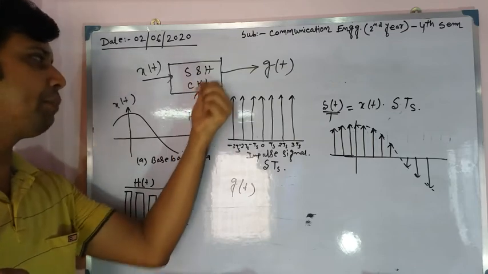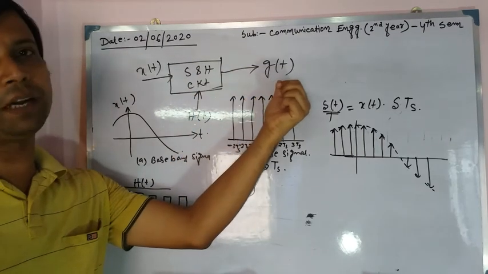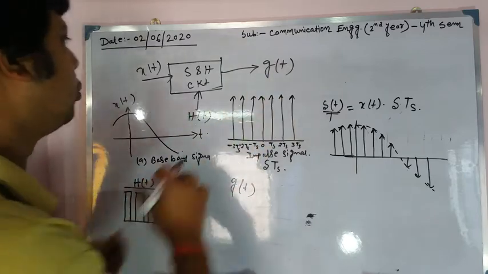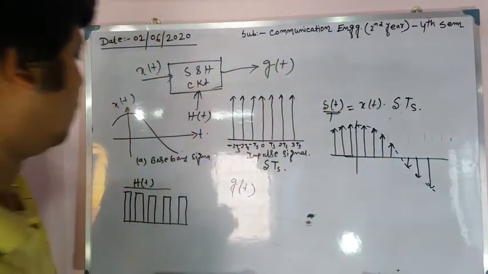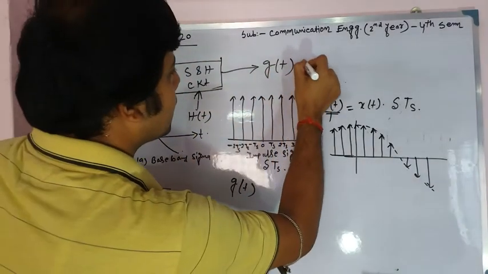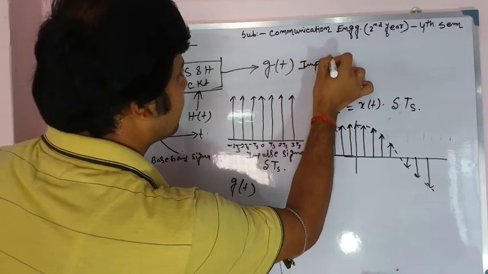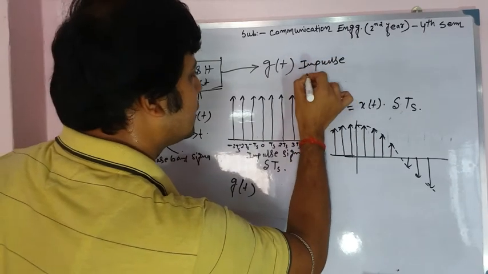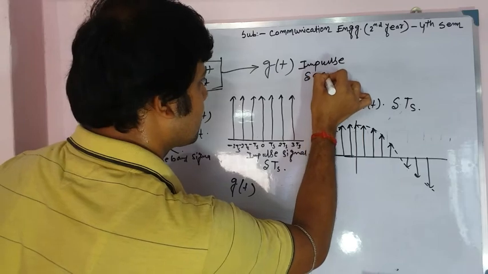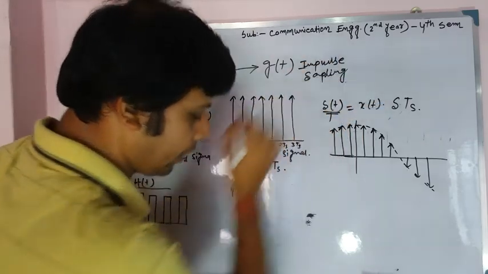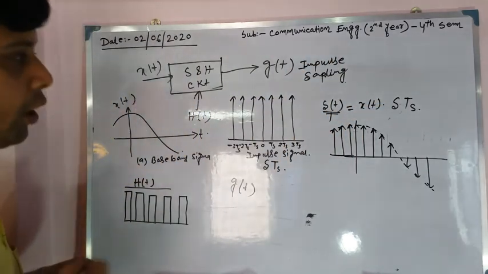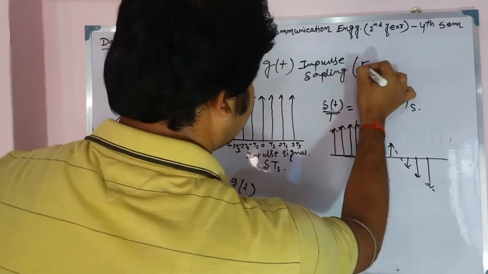They are applied to the sample and hold circuit, and the output is denoted by g(t), which is the flat top sampling.